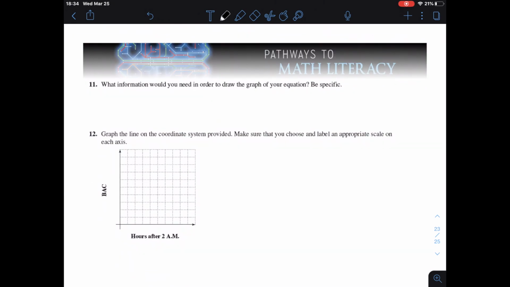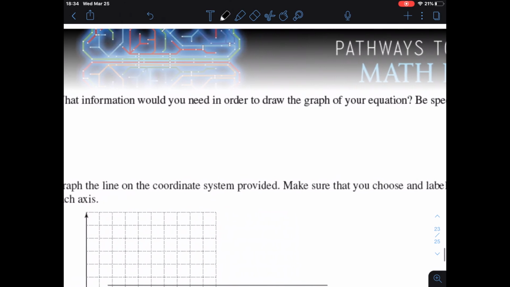All right, so now we need to figure out what information we'd actually need to draw this line. We do have it all. So you can do two things to graph it.